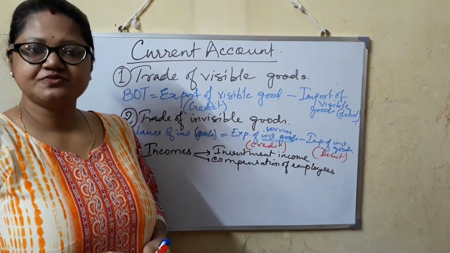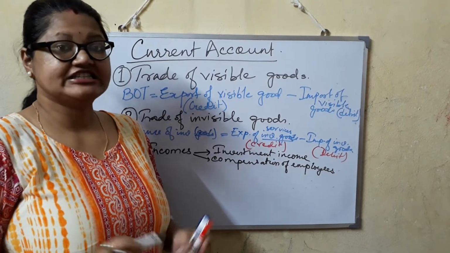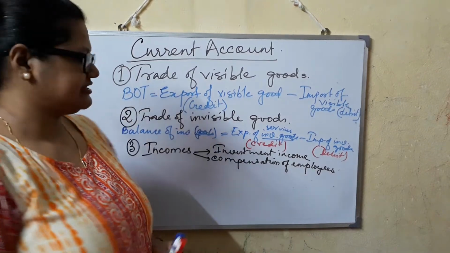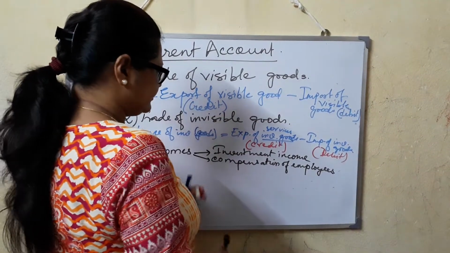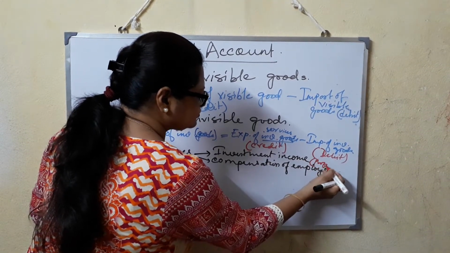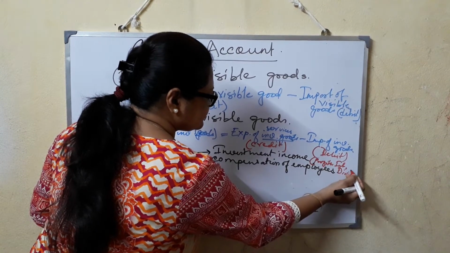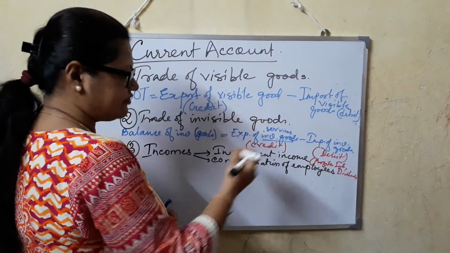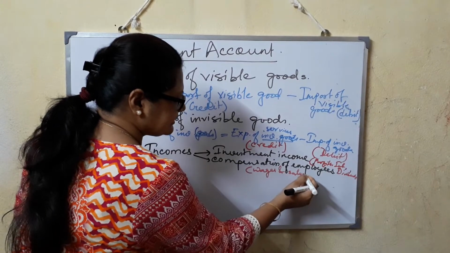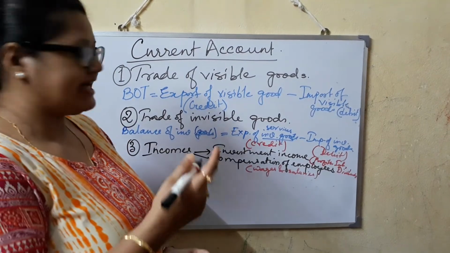So what type of investments? Like you earn profits. You earn dividend because of shares which you have bought. You earn interest. So for investment income, we can consider profits, interest, dividends, and for compensation of employee, wages and salaries.